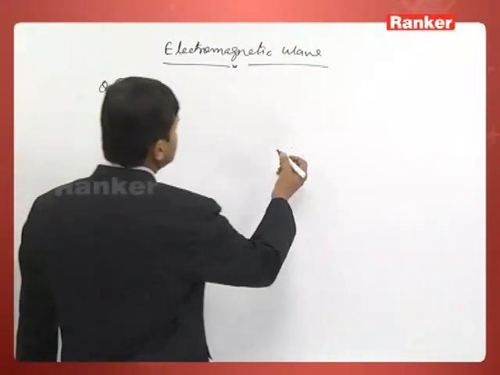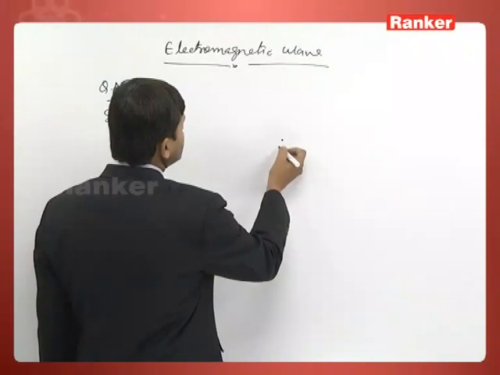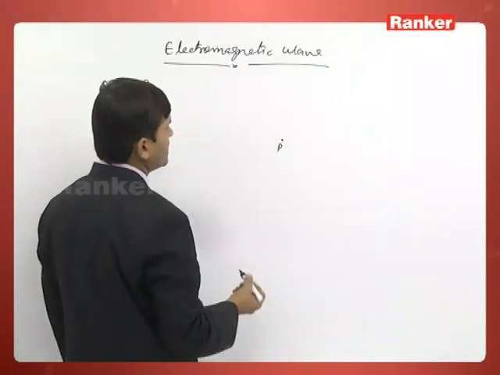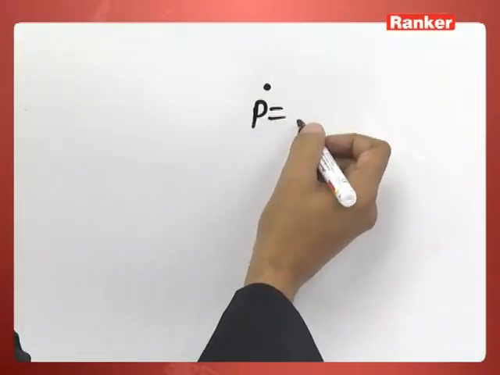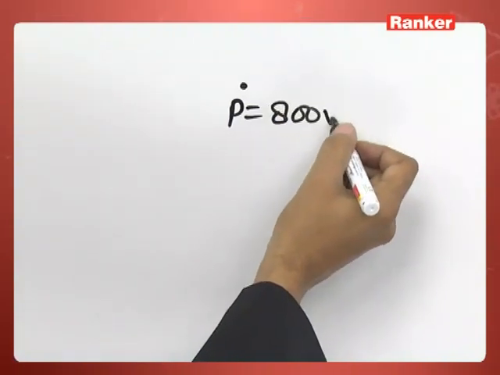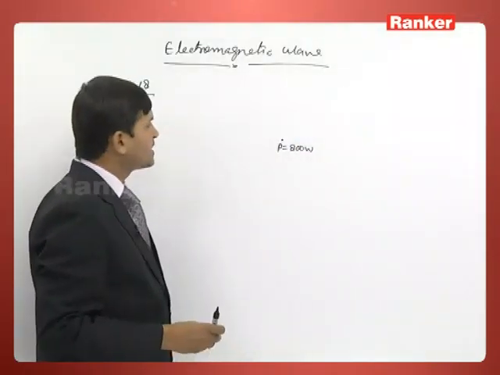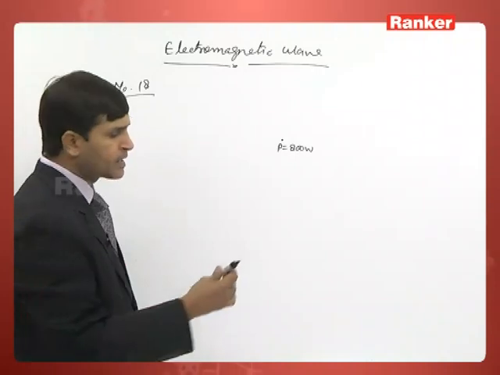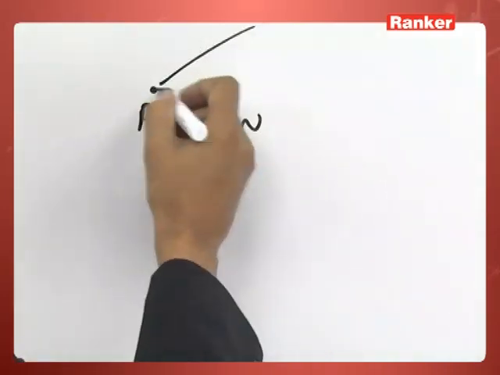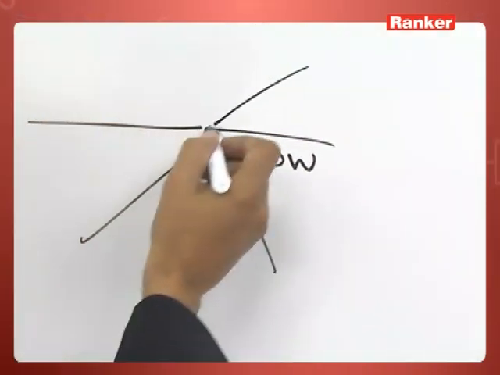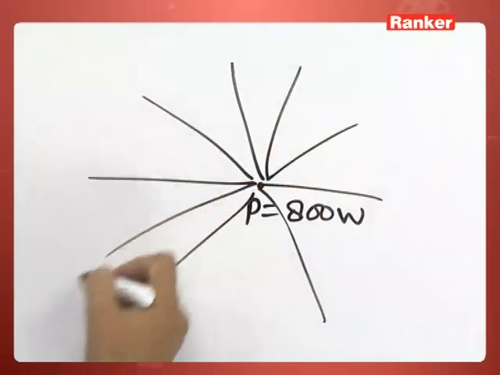So as per the question here, the point source is written like this, P, and it has power 800 watt, and this point source is emitting radiations in all direction.